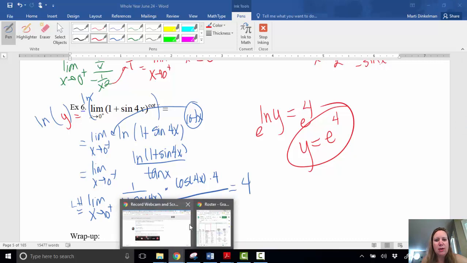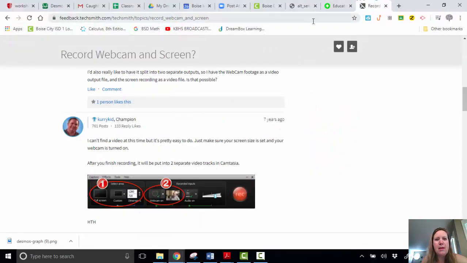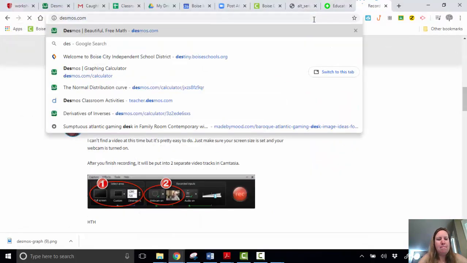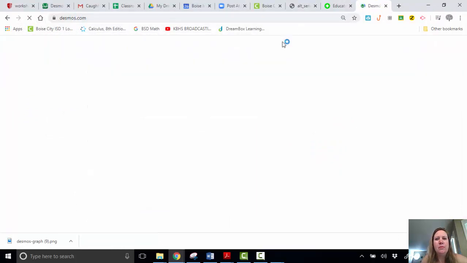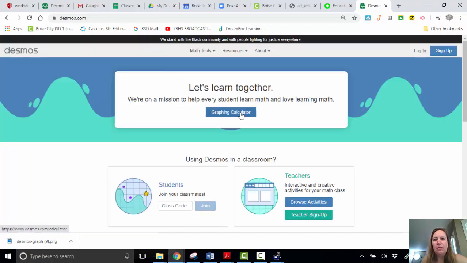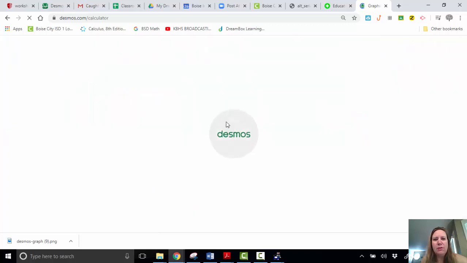Maybe we can do Desmos really quick. Let's do that. Usually has a nicer graph anyhow. It's looking a little different for me today. Okay, so we're going to go ahead and graph that natural log, or not the natural log.